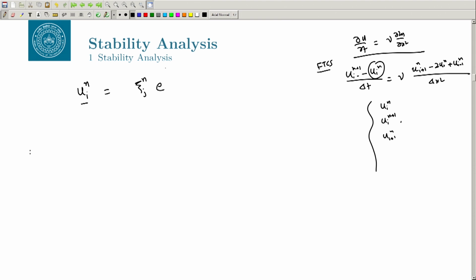So that will be e to the power I, and because I am already using i for this representation, I will use capital I for the complex number. So this will become capital I k_j x_i.